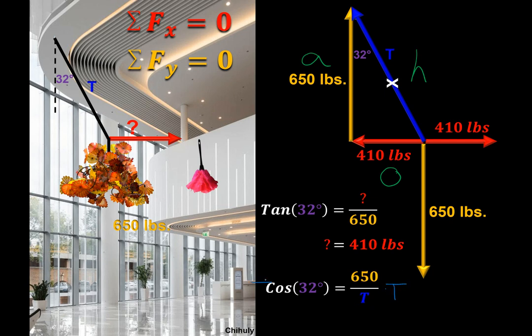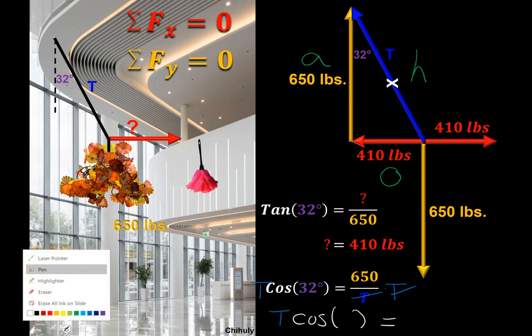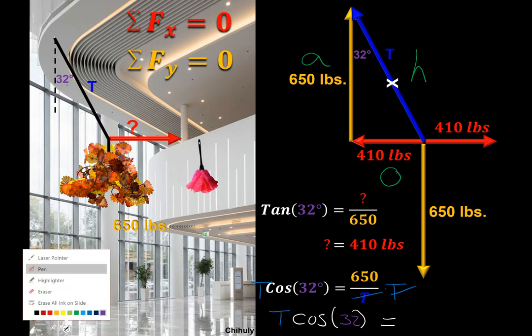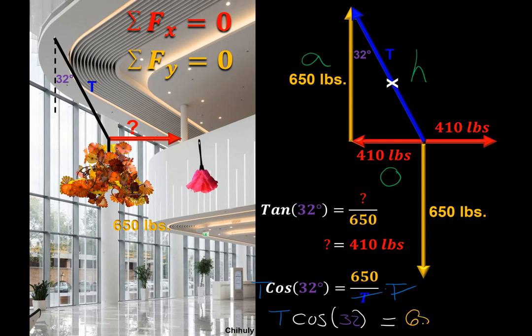Multiply both sides by T, and you get that your tension times cosine of 32 equals your 650. Then you can go ahead and divide by cosine 32.